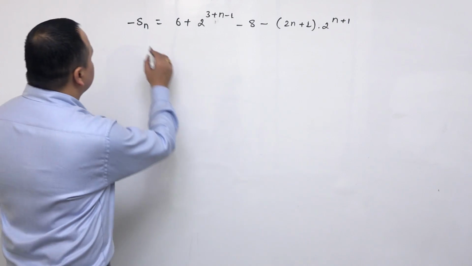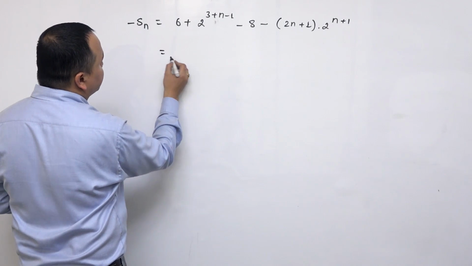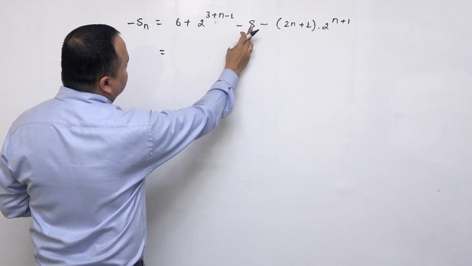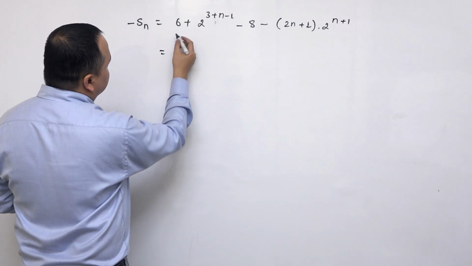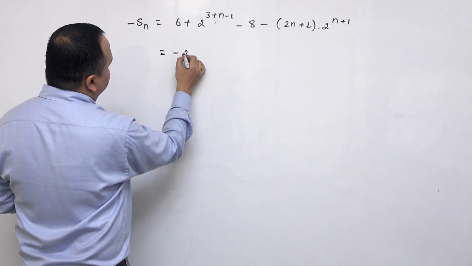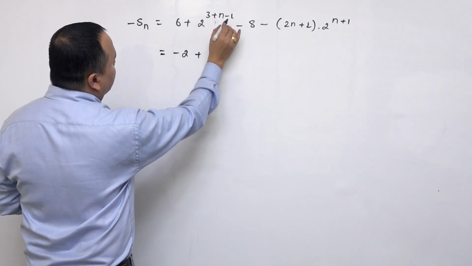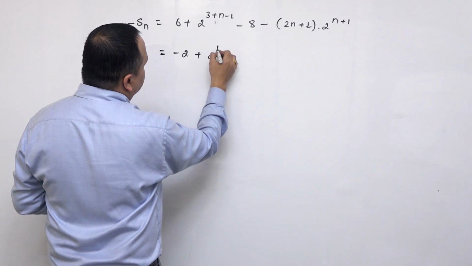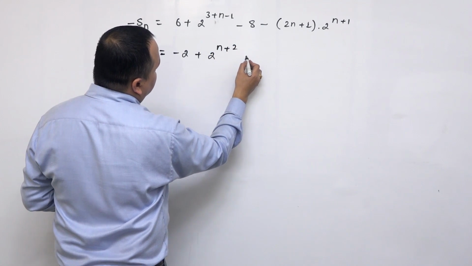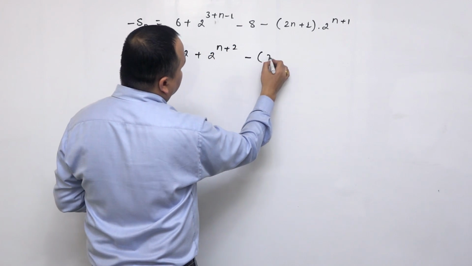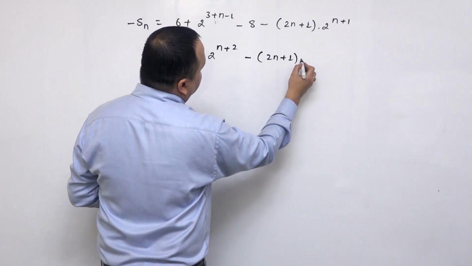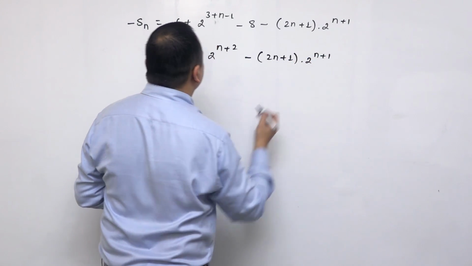Now, minus Sn is equal to here 6 minus 8 minus 2 plus 2 to the power n plus 2 minus 2n plus 1 into 2 to the power n plus 1.